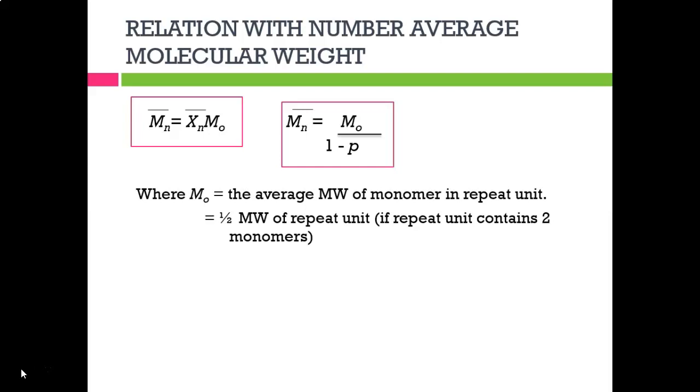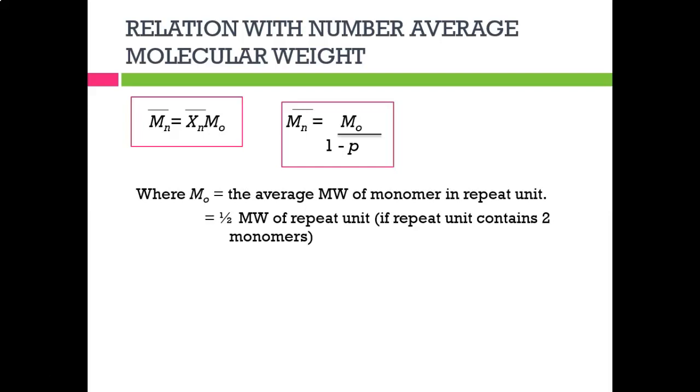So sometimes the question asks you to define the molecular weight and Mn. Okay, for example, define Mw and Mn in terms of p. So you need to come out with the equation of Xn, which is Xn equal to N naught over N naught 1 minus p equal to 1 over 1 minus p.